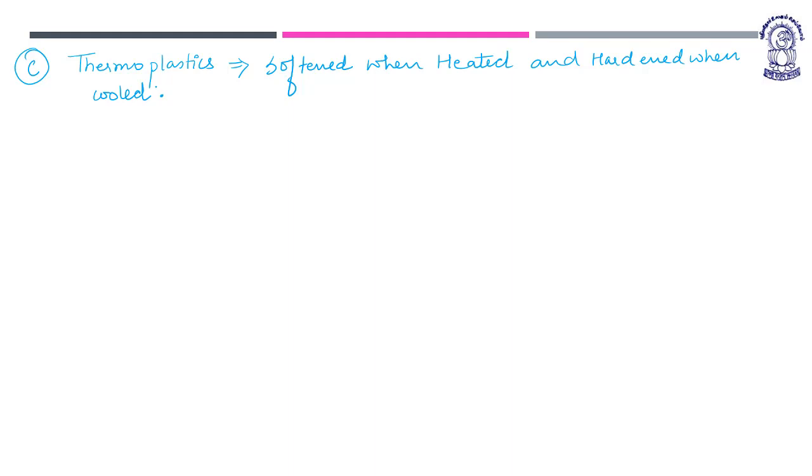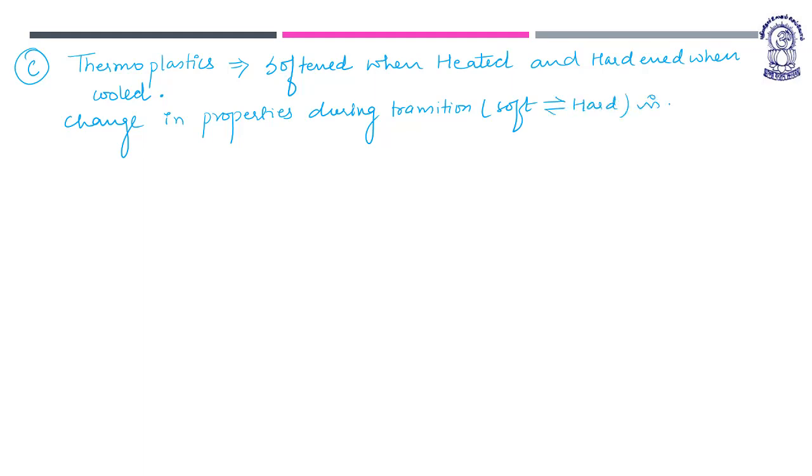The change in properties during the softening and hardening transition is minimal. The intermolecular forces are intermediate between elastomers and fibers.